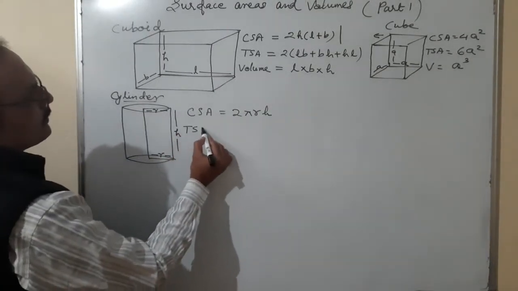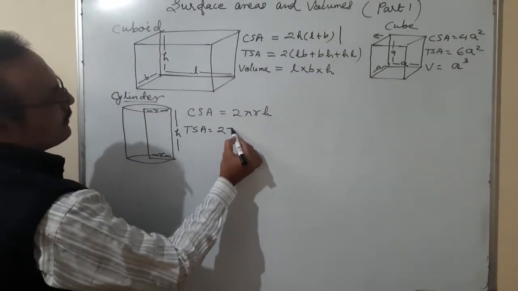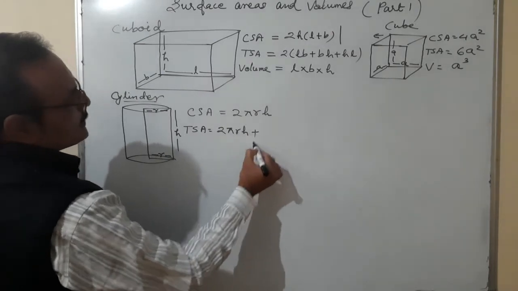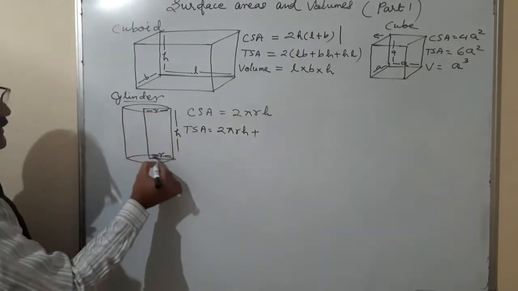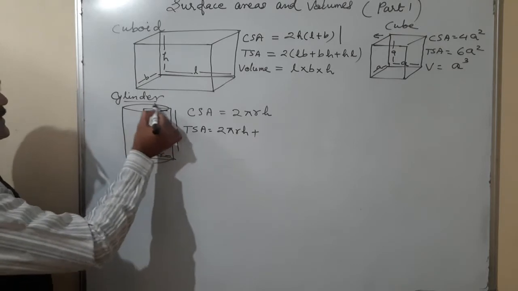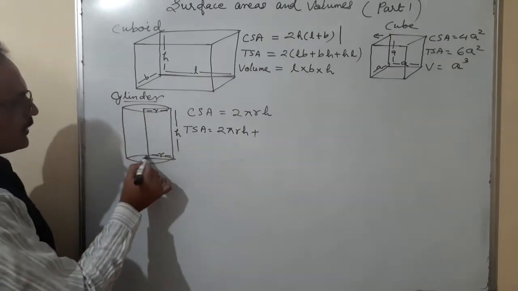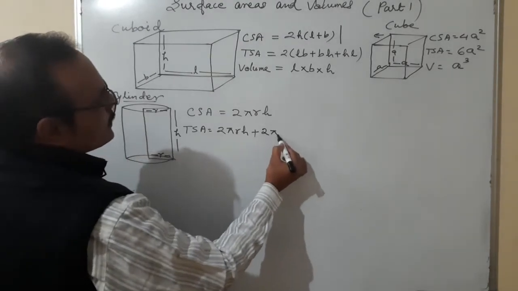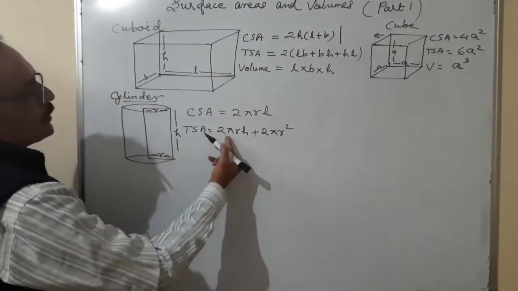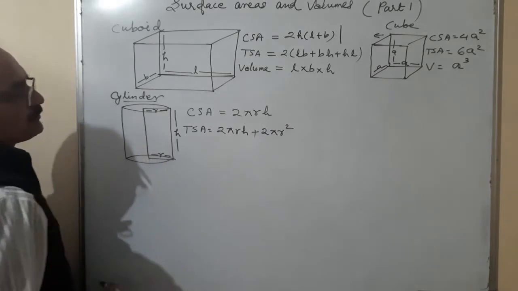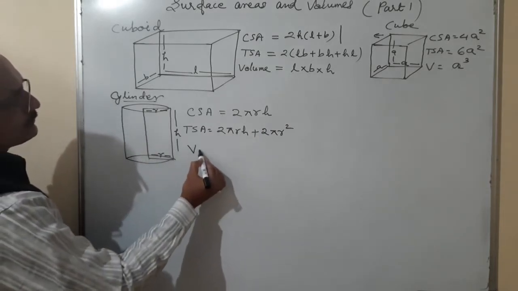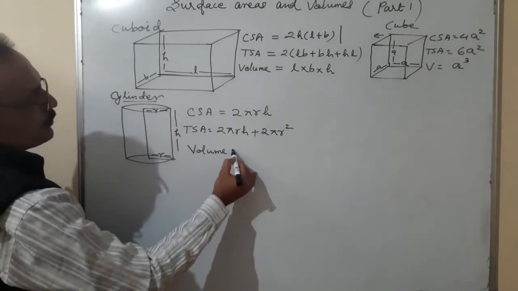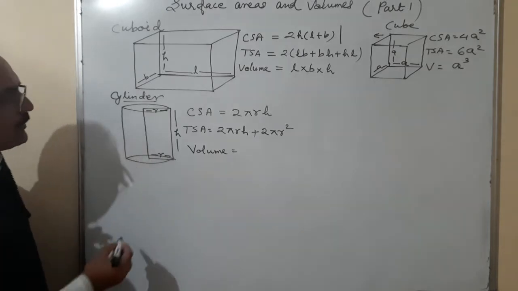TSA, total surface area, 2 pi r h plus area of top plus area of bottom. Area of top, that means area of circle, pi r square, plus area of bottom, pi r square. Pi r square plus pi r square is 2 pi r square. You can take 2 pi r common, h plus r. And volume. For volume, I told you area of base multiplied by height.